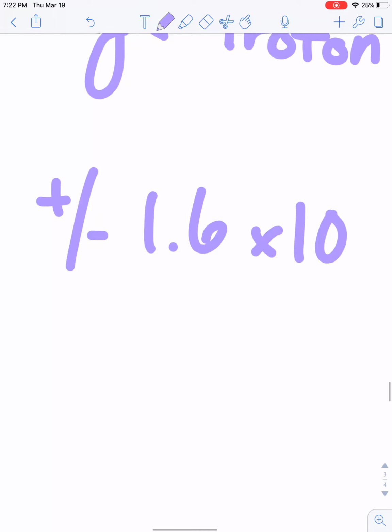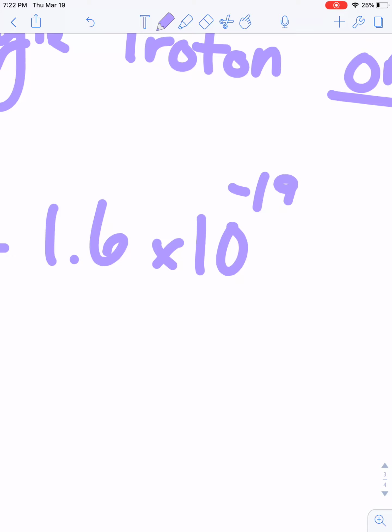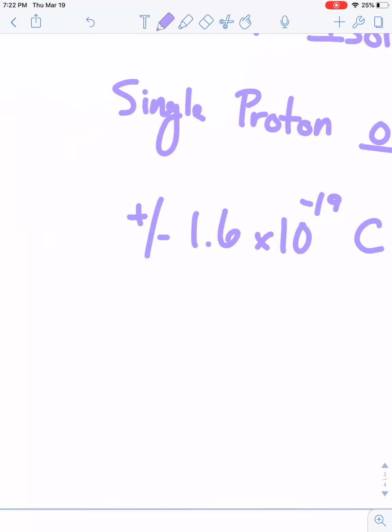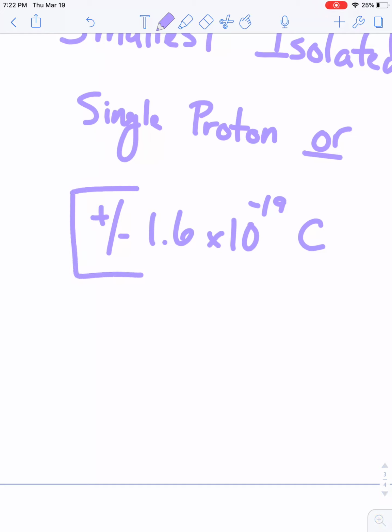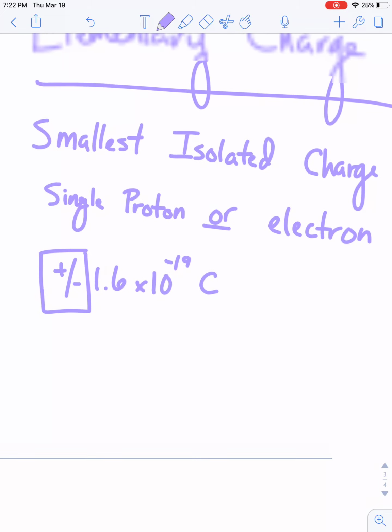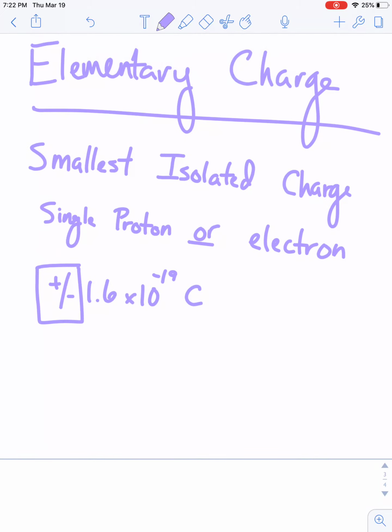They both have a charge of 1.6 times 10 to the negative 19th coulombs. Very, very small number. Now, notice I put plus or minus. Positive refers to a proton and negative refers to an electron. Again, they have the same charge. Simply one is positive and one is negative.